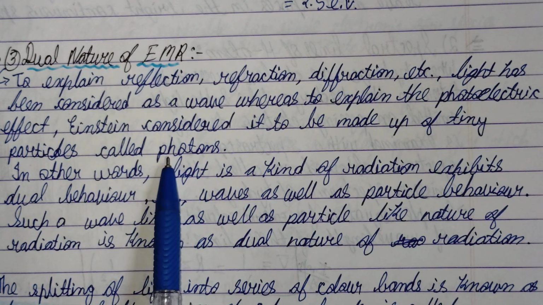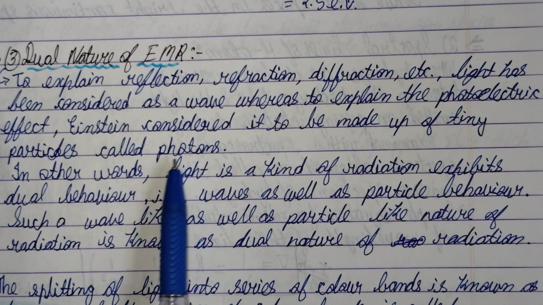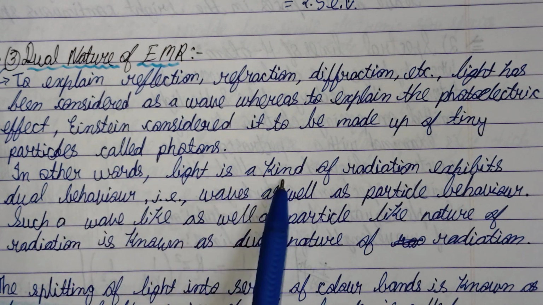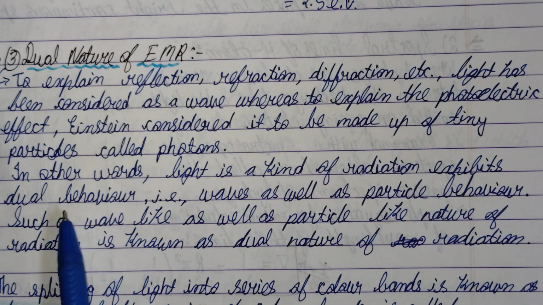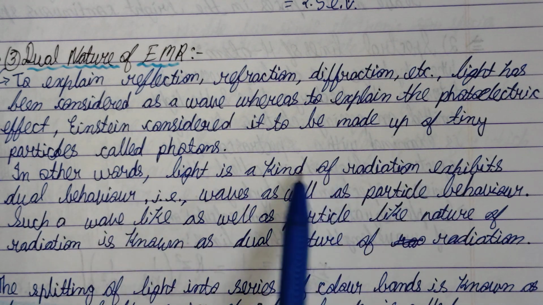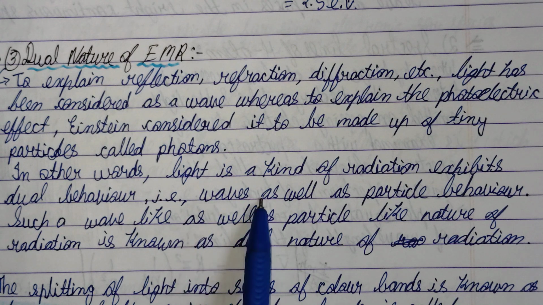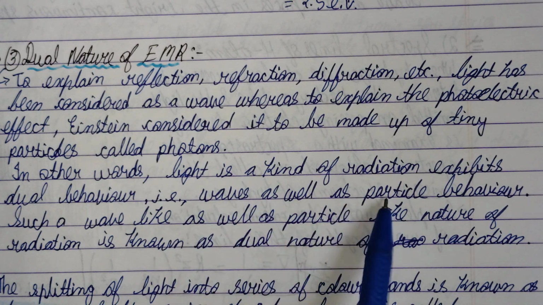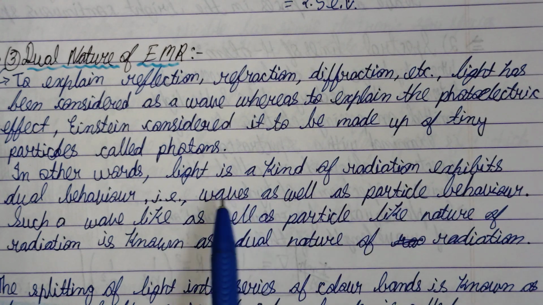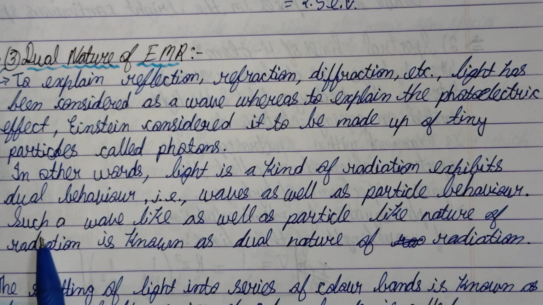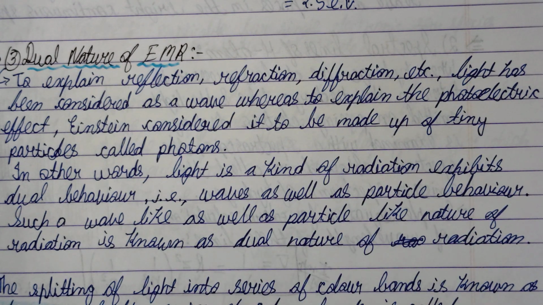So photons are tiny energy particles. In other words, light, a kind of radiation, exhibits dual behavior: wave as well as particle behavior. Such wave-like as well as particle-like nature of radiation is known as dual nature of radiation.